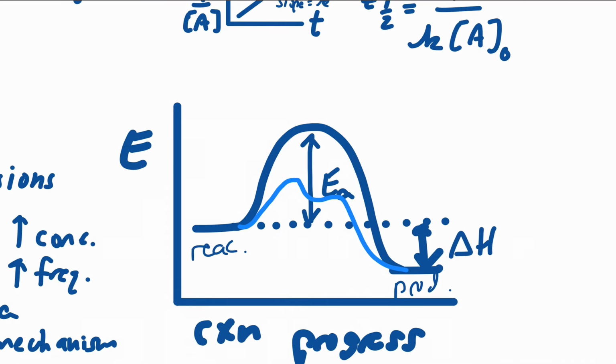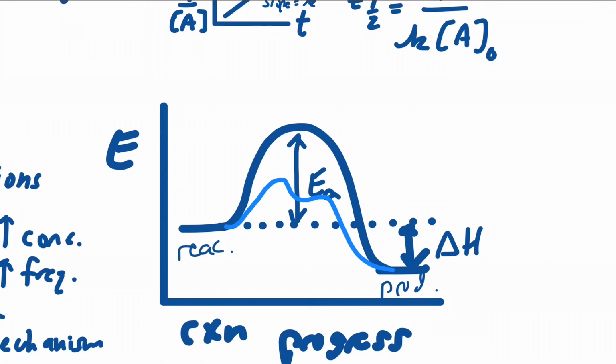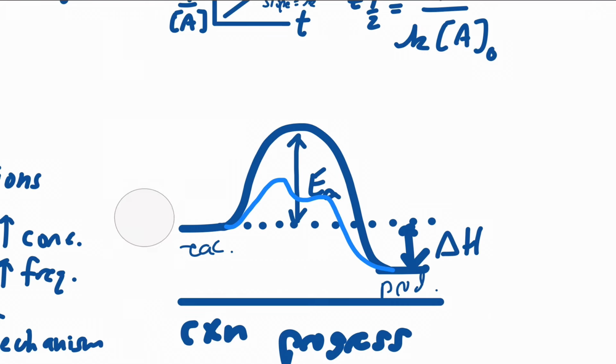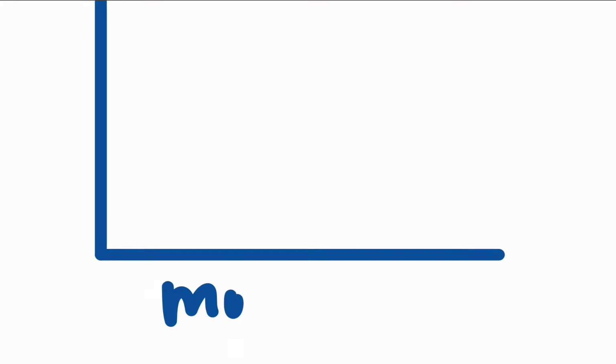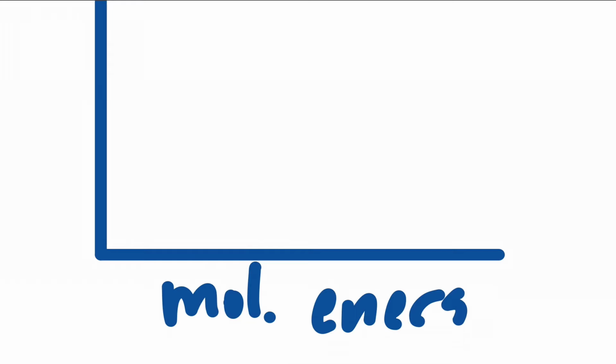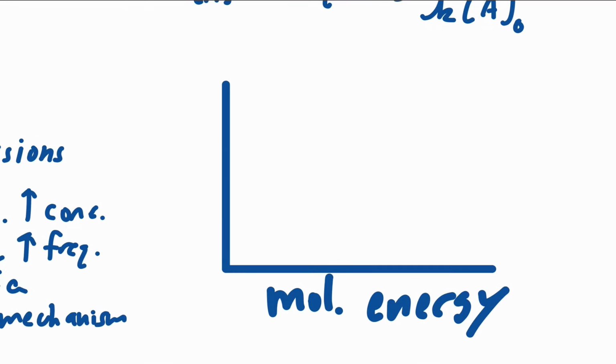This is not to be confused with another energy diagram which doesn't show catalysts, but it shows the effect of energy of molecules. So I'll draw one more on here that shows the molecular energy versus just the fraction of collisions.